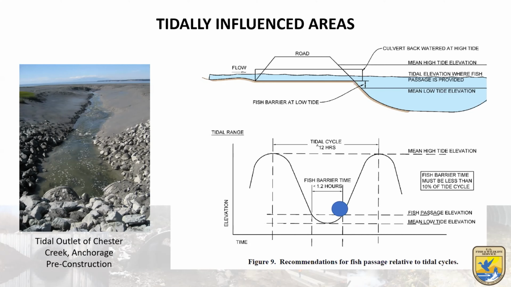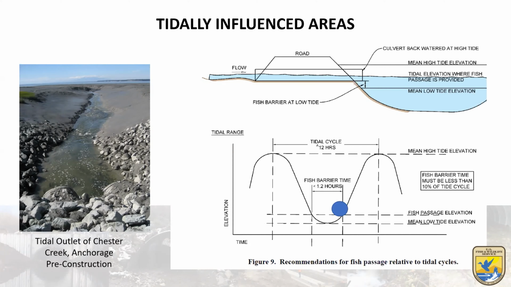It's not like the Pacific Northwest, where there are a lot of levees and a lot of tidal influenced culverts that you have to deal with. It's a relatively good thing that we don't have a lot of these, but we do have a handful in the southeast and in south central, like this one in Chester Creek in Anchorage.